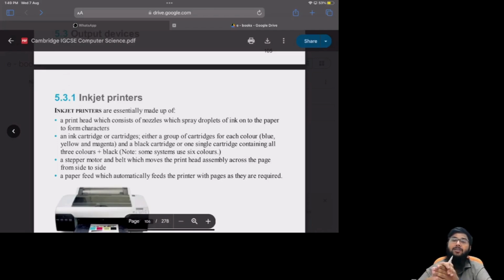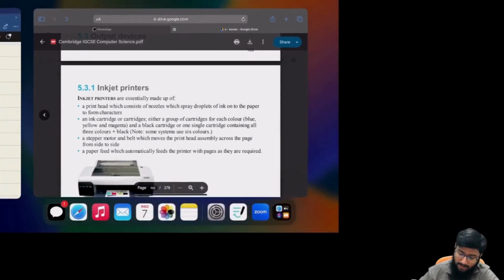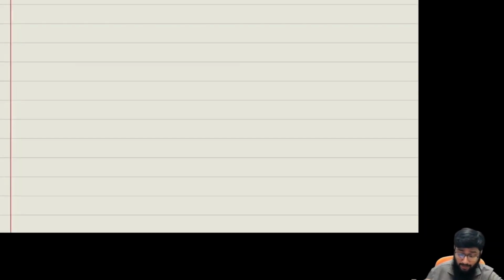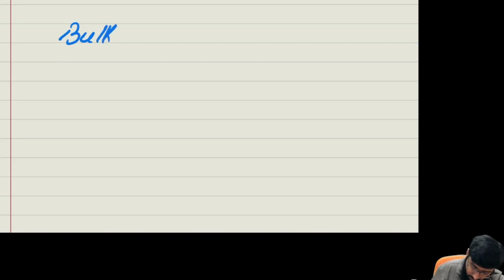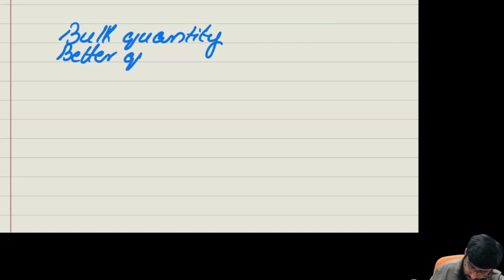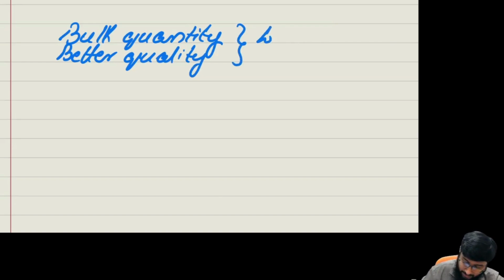Now printers are actually of two categories: inkjet printers and laser printers. Now where is an inkjet printer utilized and where is a laser printer utilized? When you require bulk quantity and better quality, you will be utilizing a laser printer.